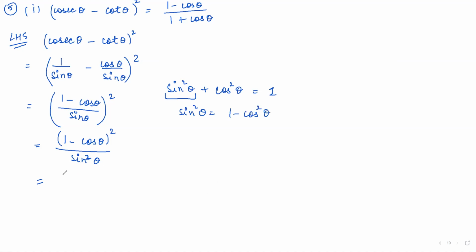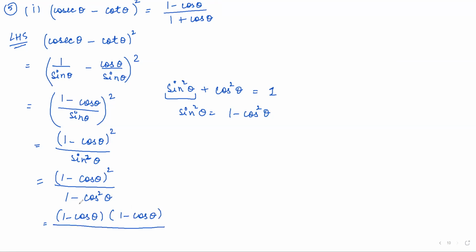So I'll write this 1 minus cos theta whole square divided by 1 minus cos square theta, correct? So 1 or 1 square is same thing. So can I take it as a square minus b square in the denominator? Okay. So this is 1 minus cos theta whole square. So I'm writing it 2 times, 1 minus cos theta into 1 minus cos theta, no problem.